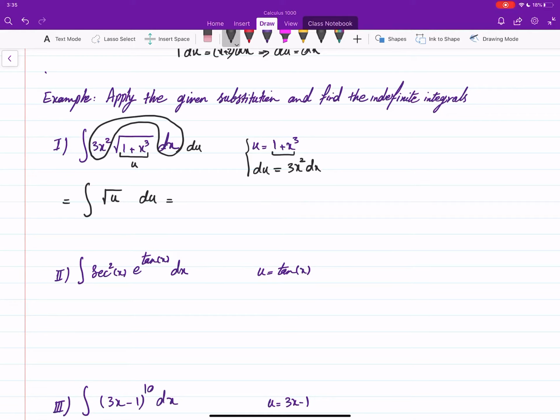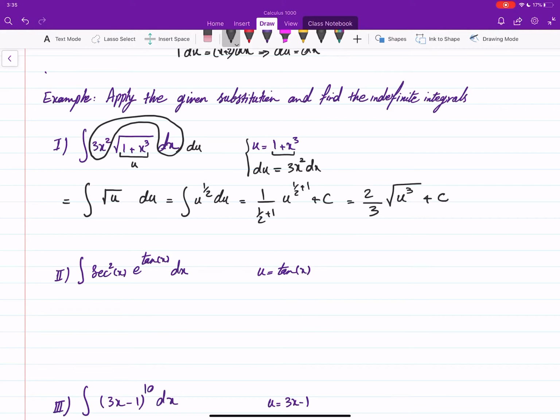Now, the u integral is supposed to be an easy integral to handle. Here, as you see, this is just a simple power rule. In integration, we have u to the power half plus 1 over half plus 1, plus c, which is equal to 2/3 of the square root of u to the power 3, plus c.